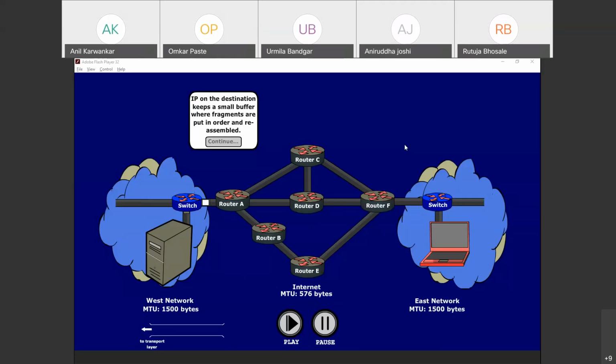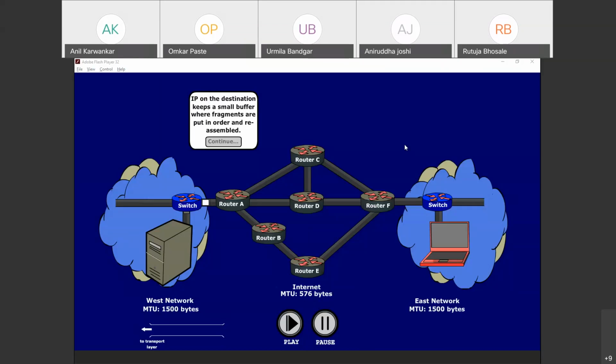It's not always that it will be propagated through C. If router C is not at all responsive, router F may avail the path from router F to router E, then router B, then router A. Since the number of devices in between goes on increasing, the charge on the packet goes on increasing, the cost of the communication goes on increasing, and that's how we divide the cost.